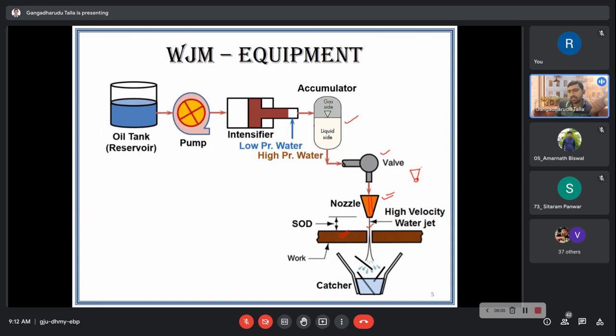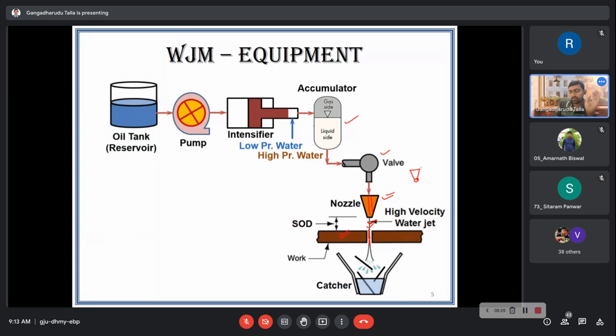The purpose of the catcher is to catch the water and the debris formed during the cutting process. We use a specific catcher because this water jet is coming at high velocity and high pressure. Even after hitting, it will be left with a good amount of velocity.